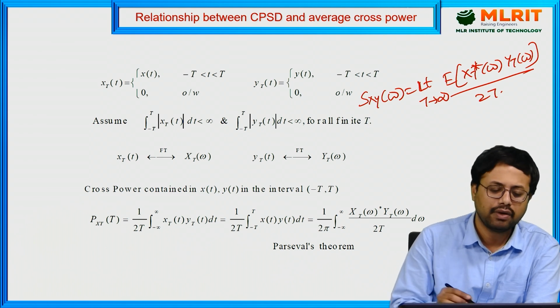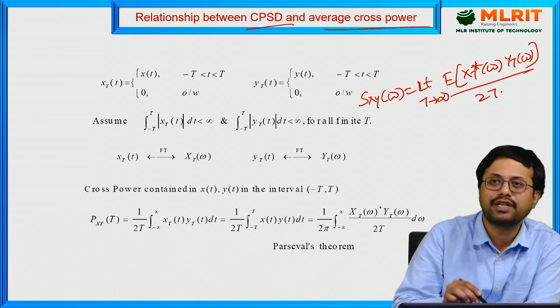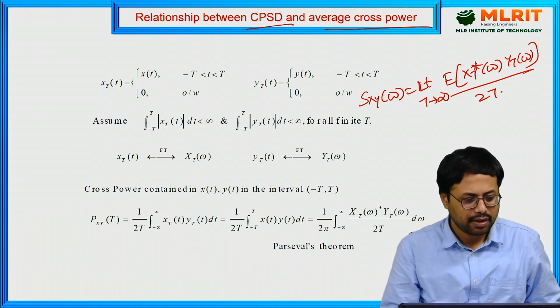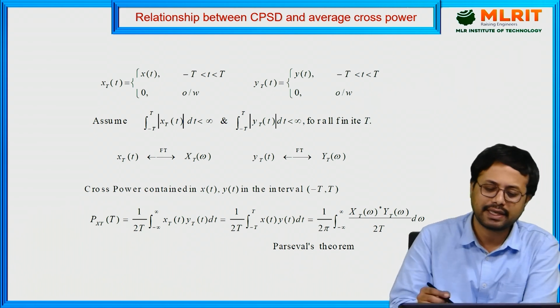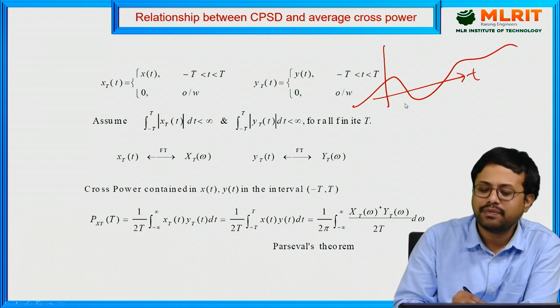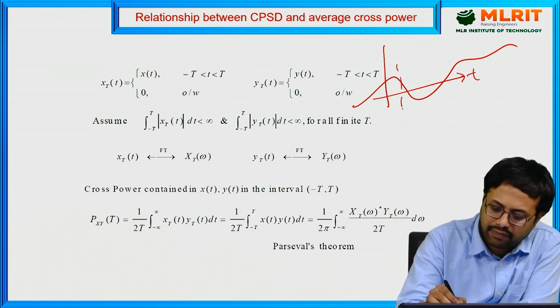Now we are going to derive the relationship between cross power spectral density and average cross power. For that, first we consider any random signal. The random signal is not defined everywhere, here it is defined only for a certain interval.